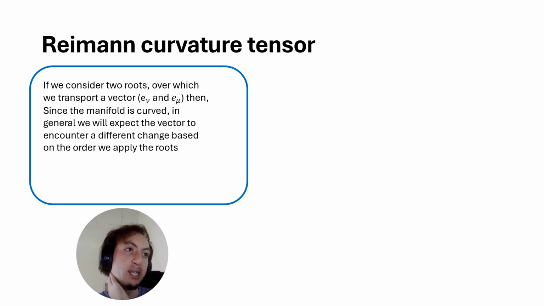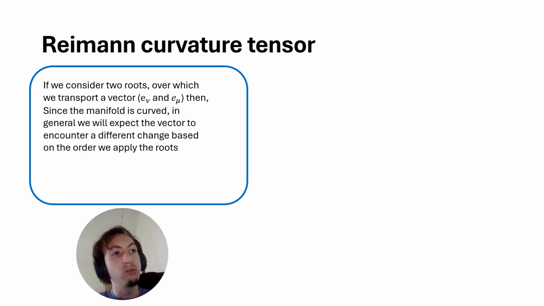And that means, as well, if we consider our overall path generated by moving our vector along the direction e_nu, and then moving our vector along the direction e_mu, the direction we picked first is important when calculating how our vector will change along the path.